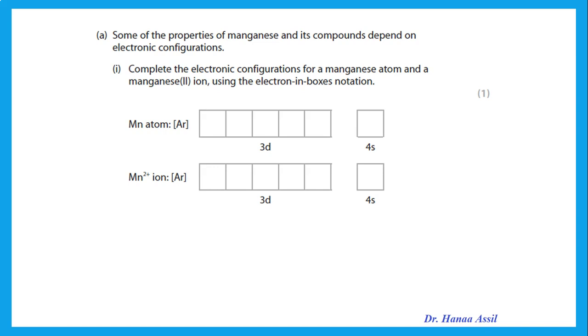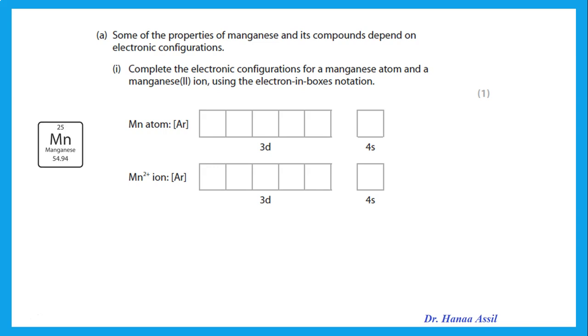Some of the properties of manganese depend on electronic configuration. Complete the electron configuration for manganese atom and manganese 2 ion. Okay, so how do you remember how we put the electron configuration? First of all, we look at the periodic table.